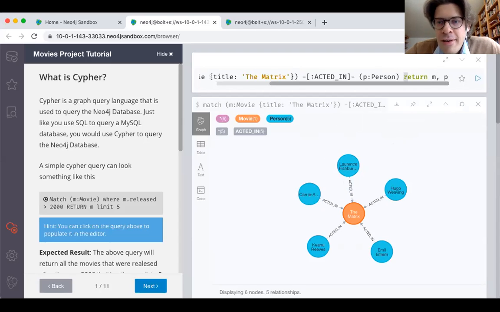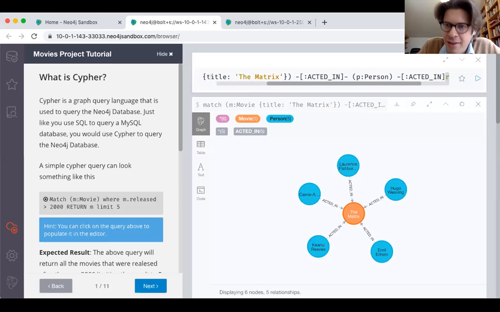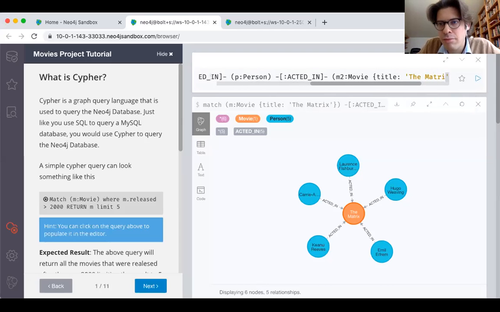I can also expand on that. Perhaps I'm interested in people who have played in the matrix, but also in the follow-up movie, which I believe was called The Matrix Reloaded. So let's extend the query here. And now we have another movie with title The Matrix Reloaded.